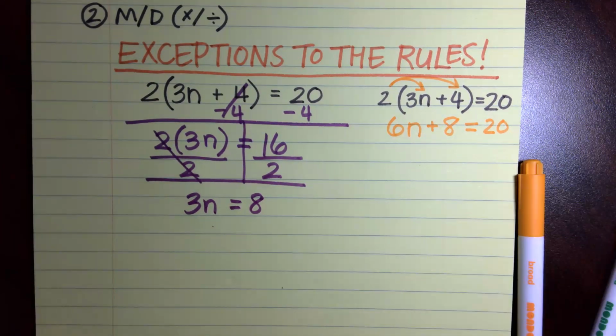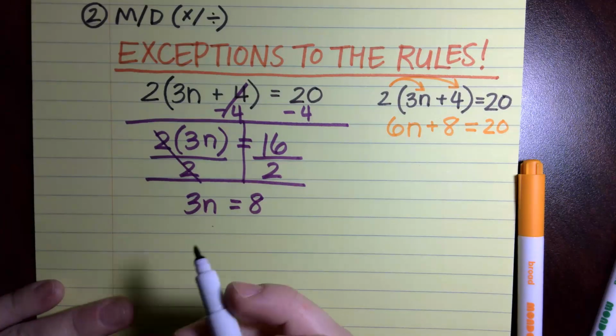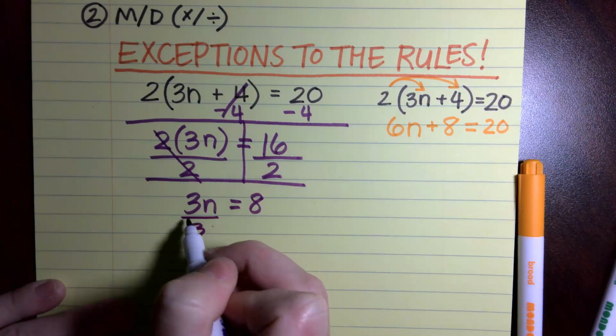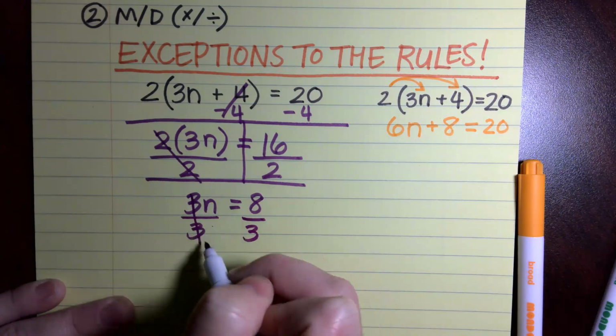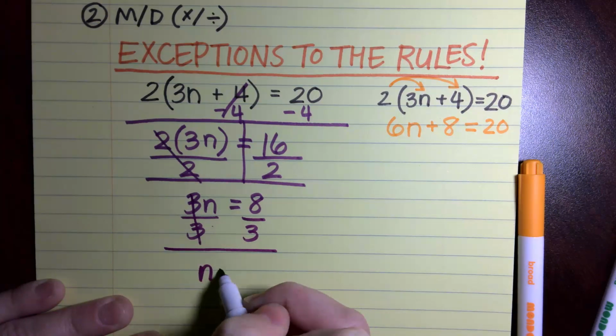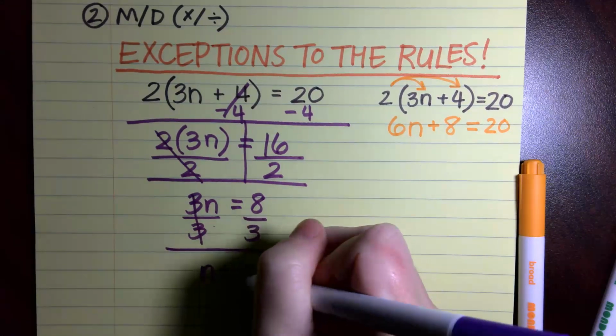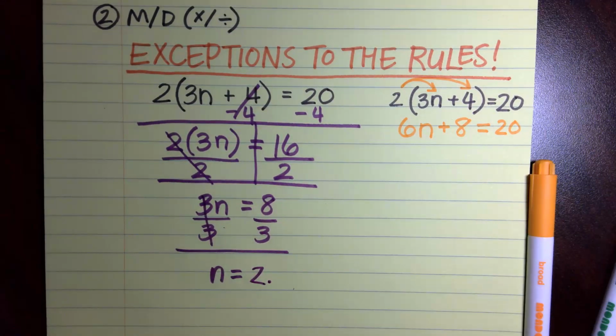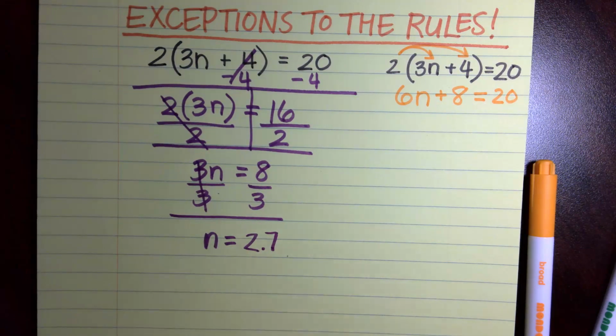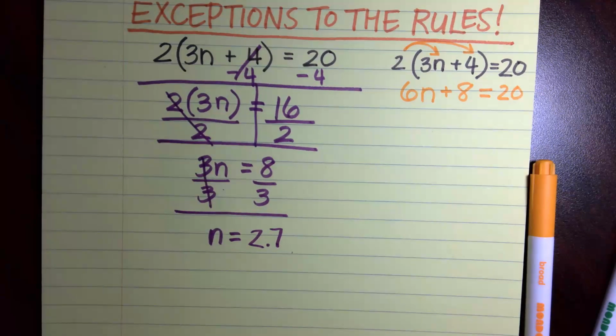All right, and then what? Divide by 3? Okay, let's try that. Divide by 3, divide by 3. And we'd get n equals 8 divided by 3. That's about 2.66666 forever, so we'll round that to 2.7. Okay, so we got n is 2.7 for this way.